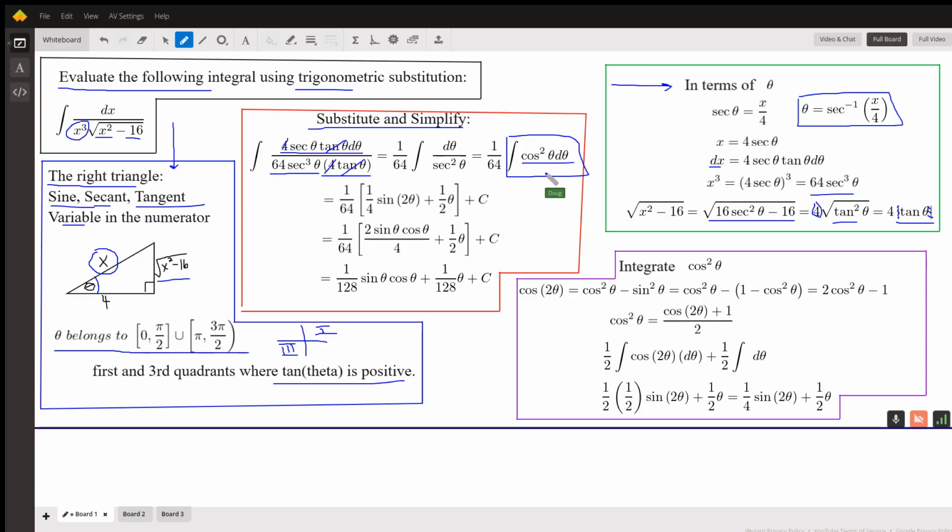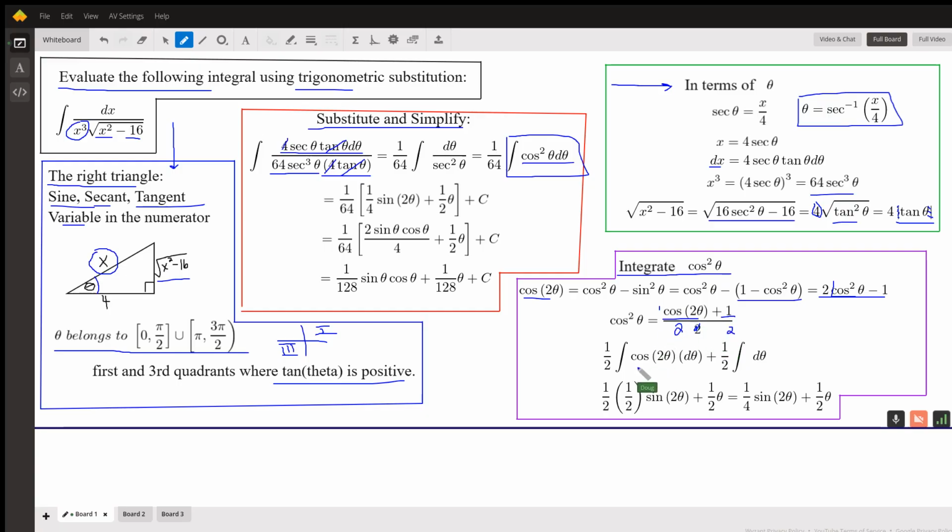How do you find an antiderivative for cosine squared? And that's what we did in this step down here. We're using the trig identity that the cosine of twice an angle is cosine squared of theta minus sine squared theta. I can do this substitution for sine squared. So cosine of twice an angle is this. If I solve for cosine squared, I get cosine 2 theta plus 1 all over 2, and I can actually put this 2 underneath each of these terms.